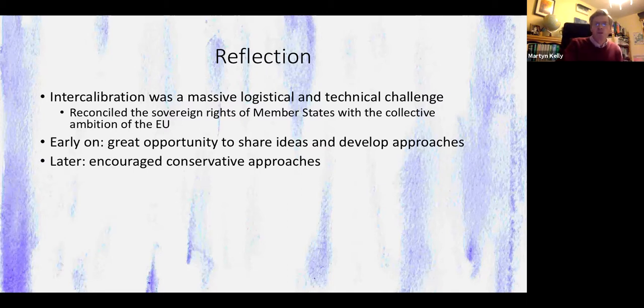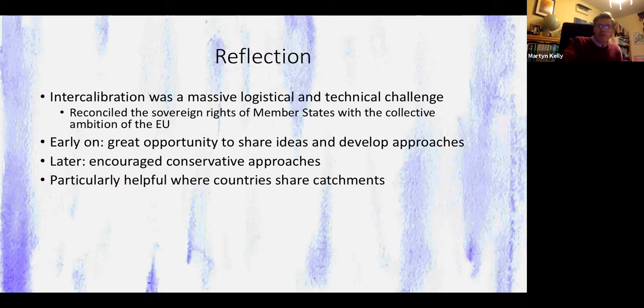I think the feeling was, why spend a lot of time developing innovative new approaches when we can just pick the IPS off the shelf and divide our boundary into 5 equally sized sections and call that our national method. So I feel that in a way intercalibration encourages conservatism to some extent.